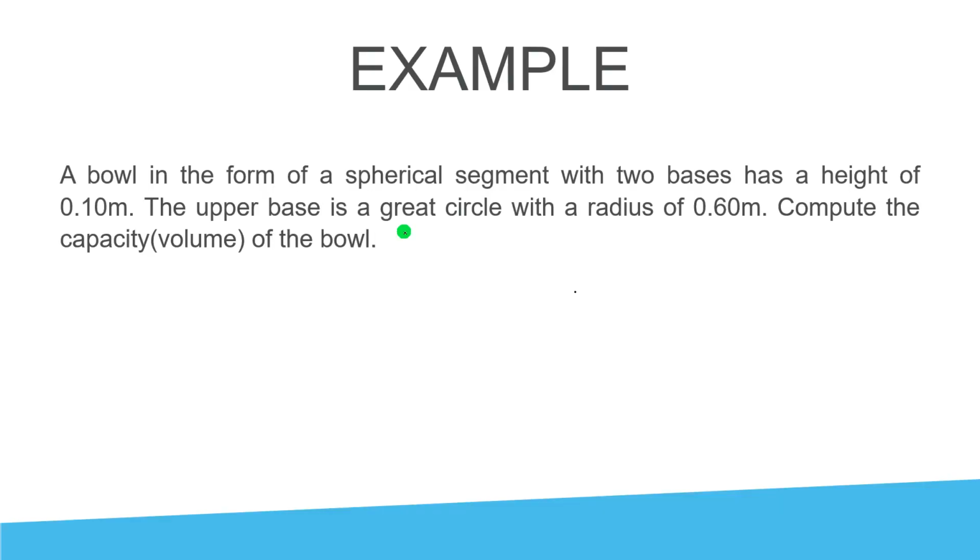Next problem: a ball in the form of a spherical segment with two bases has a height of 0.1. The upper base is a great circle with a radius of 0.6. Compute the capacity of the ball. Okay, compute the volume. So this is a spherical segment with two bases.